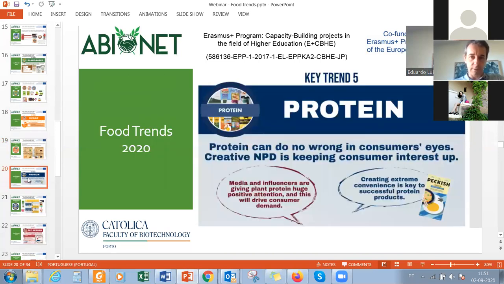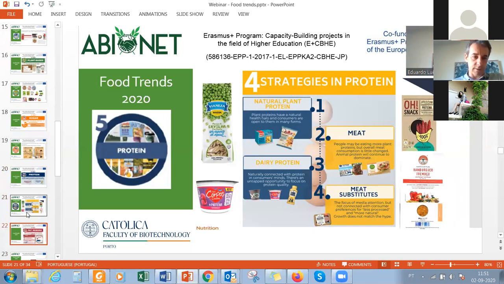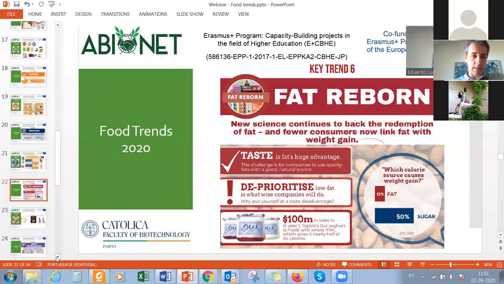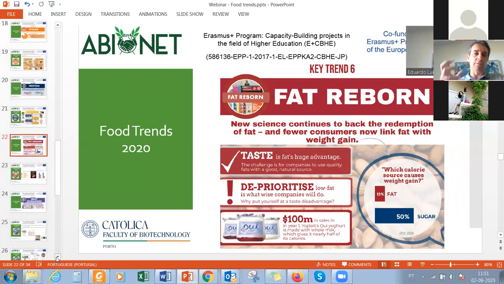Also another key trend that we already spoke a bit about is protein, with different strategies to improve protein intake. The other is related to fat.